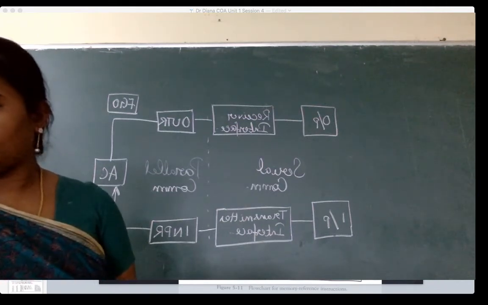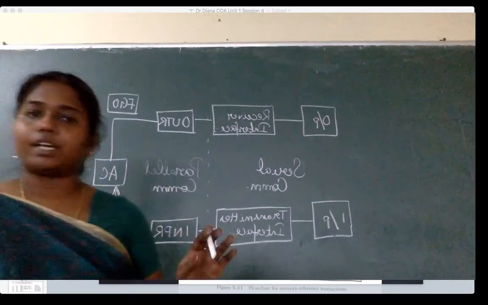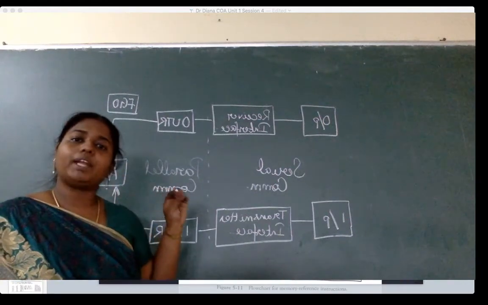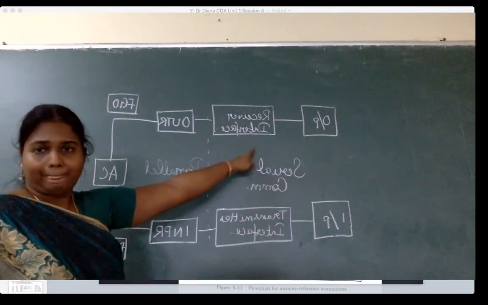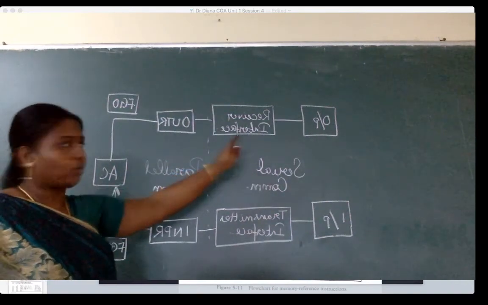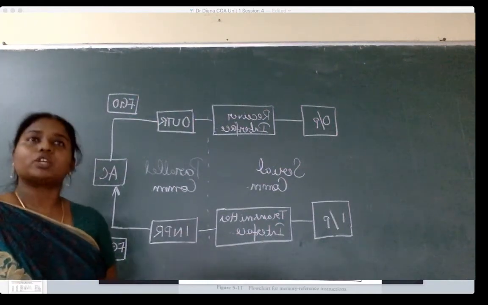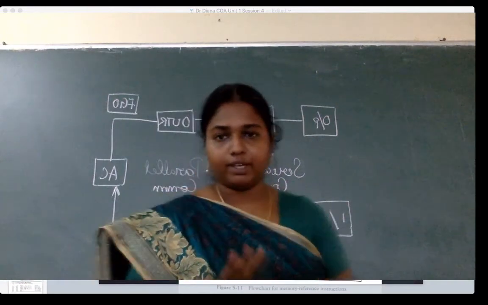So the output flag is initially set to 1, because anytime the accumulator has some data ready, it need not wait for the output device. It can directly put that value into the output register. So its value is always set to 1 so that it is ready for receiving data.